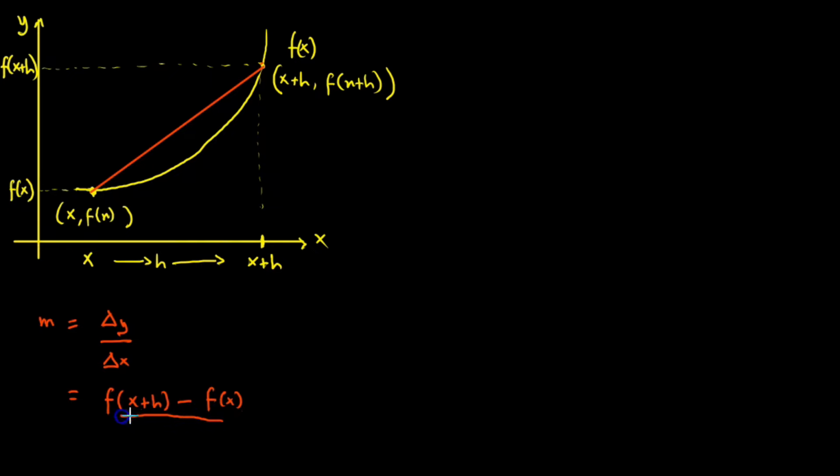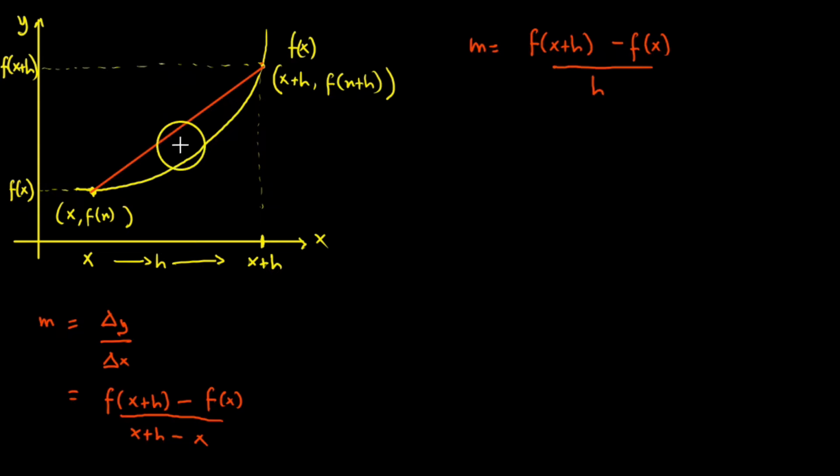All divided by x plus h minus x. Now when we simplify, that gives m equal to f of x plus h minus f of x, all over h, which will be the only variable left, because x minus x gives us 0, so we are left with h.